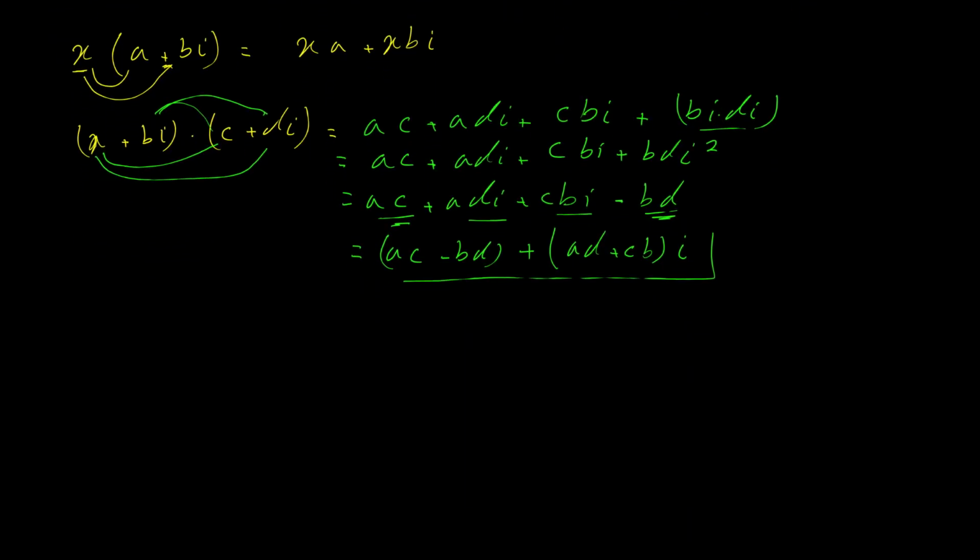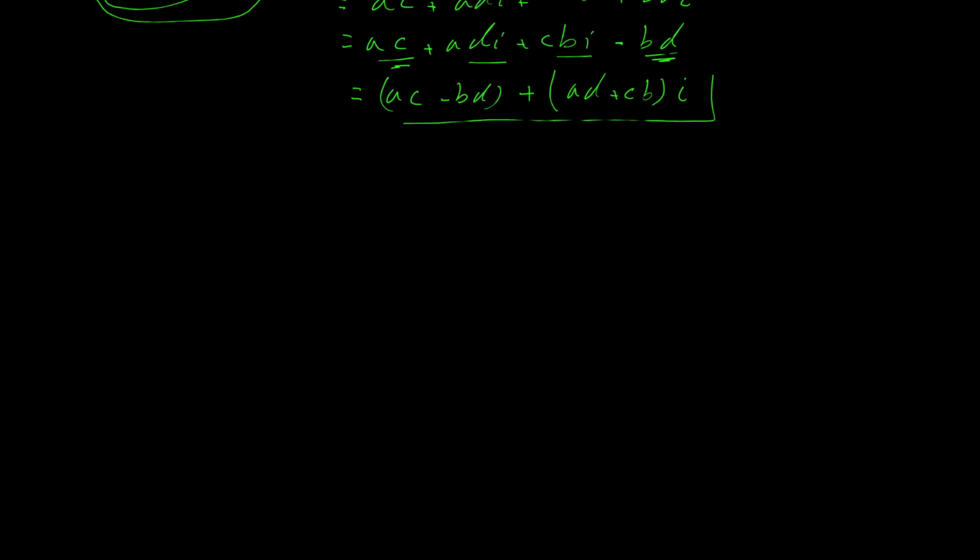Now, let's go ahead and do one example. Let's say that we have 4 plus 3i, and we want to multiply that by 2 minus 5i.